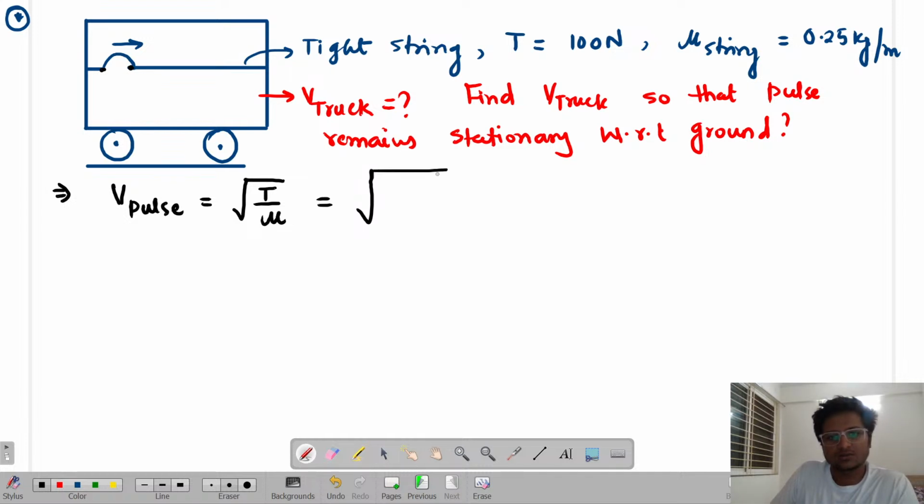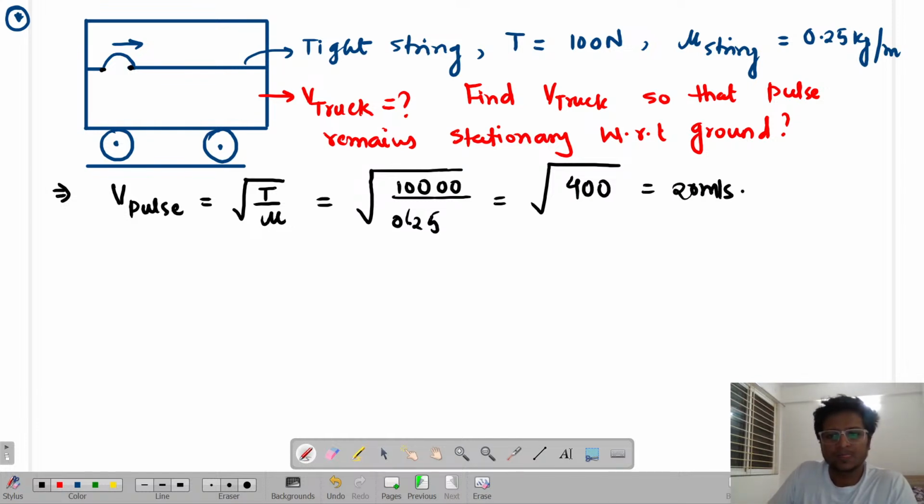Tension is given 100, mu is given 0.25. So that becomes root under 400, so that is 20 meter per second, isn't it? Now that 20 meter per second is along which direction? X direction.